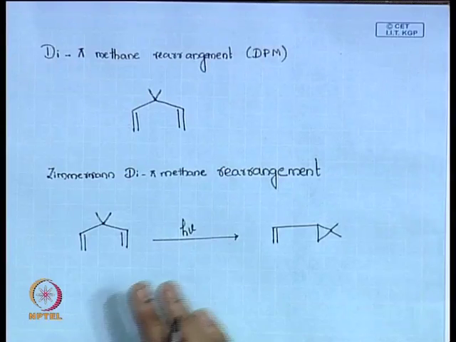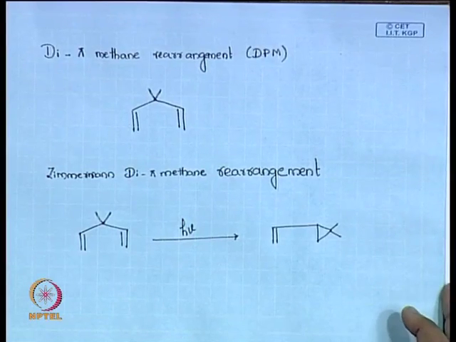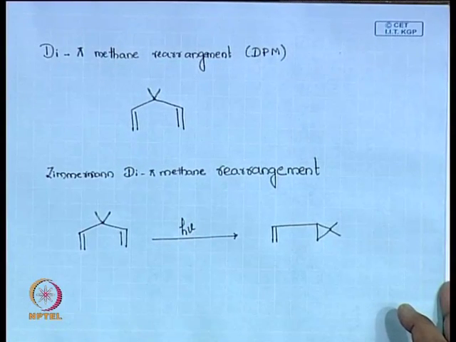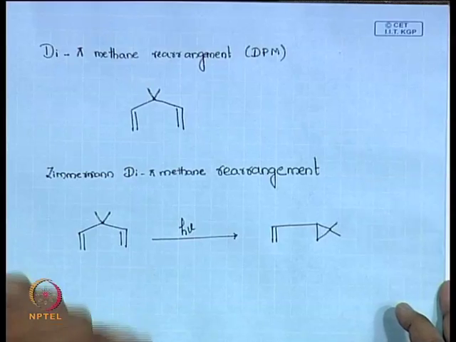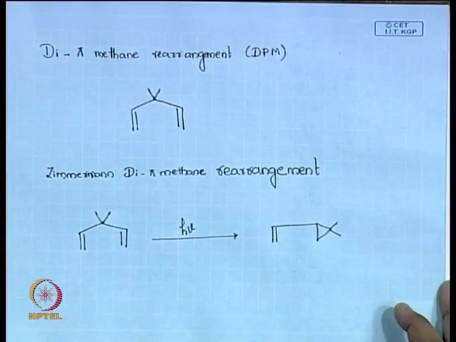It has undergone some sort of rearrangement if you see the product. You can understand this mechanism in two ways, one happening from the singlet pi star, or you can try to understand it from the triplet pi star. So, we will see how it happens from the singlet pi star.